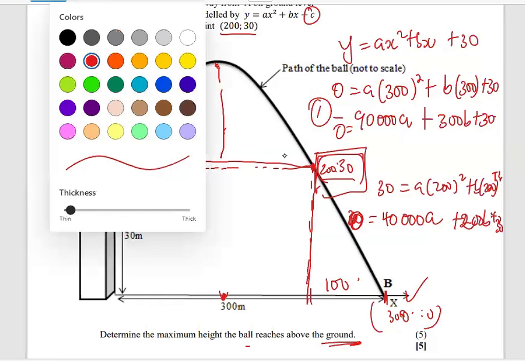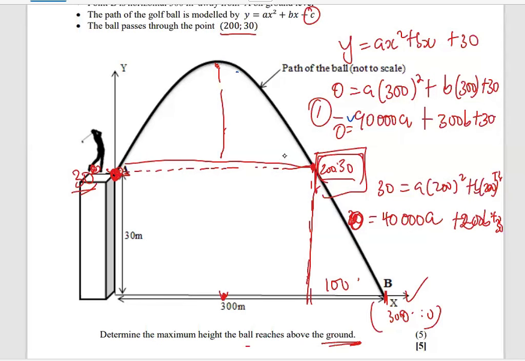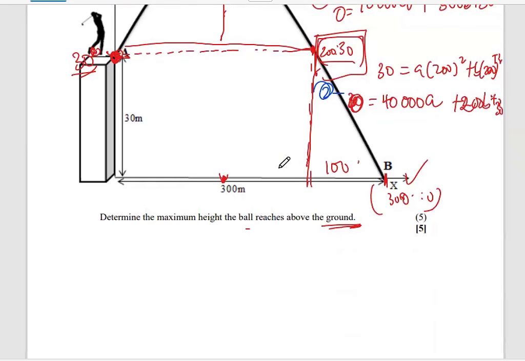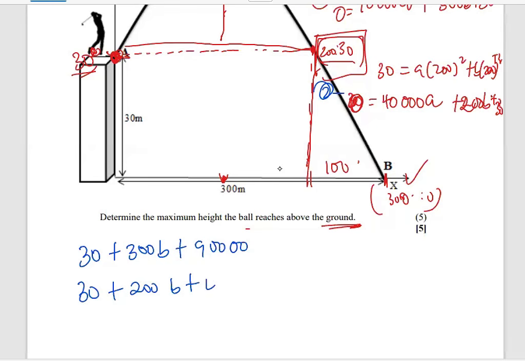Then from there, I have this equation and that equation number 2. I need to solve them simultaneously. So I have 30 plus 300B plus 90,000A, and 30 plus 200B plus 40,000A, equals 0.